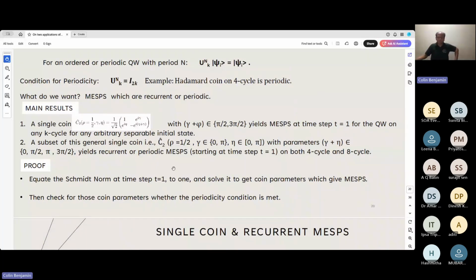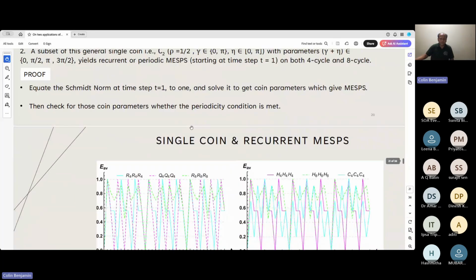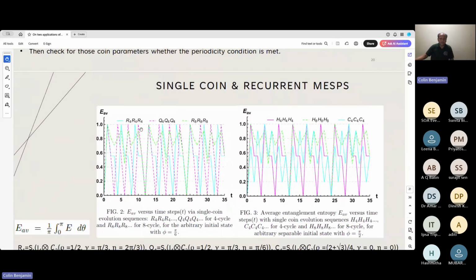We showed a theoretical proof, which is too much to go through here, but you can read our paper, where we showed exactly how we get that. And these are some plots where we show this is R4, which is a very specific single coin, Q4 and R8. 4 here means on the 4-cycle, and 8 means on an 8-cycle.